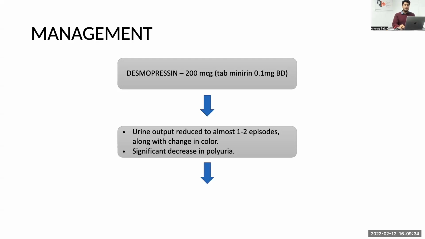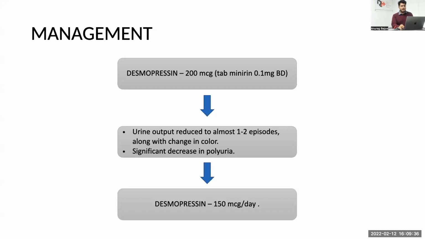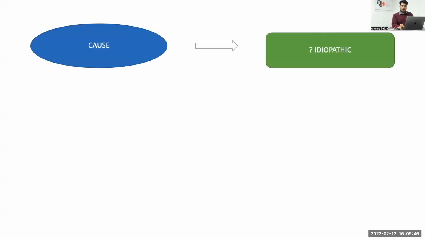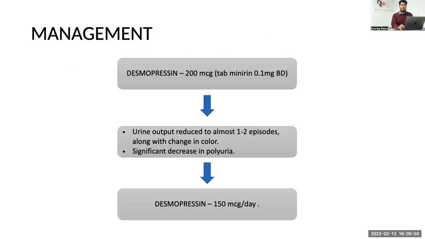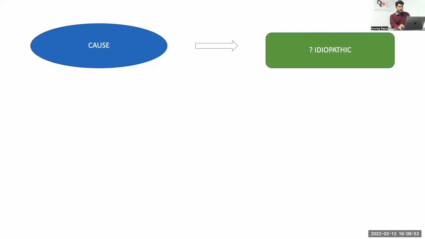So we further decreased the dose, and we started at a dose of 150 microgram per day, giving 1 full tablet at night and half a tablet in the morning after the passage of urine. Now the patient is having a significant improvement in symptoms, and he's asked for follow-up after 14 days.